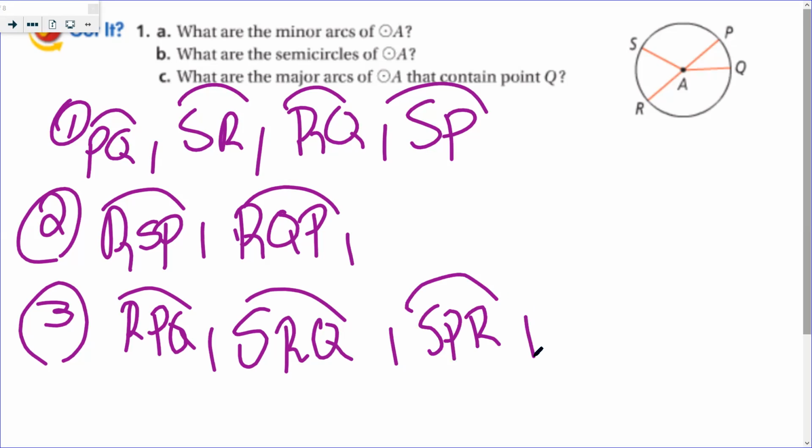We can say PRQ. PRQ. Yes, also. Or RPQ. PRS. The SPQ, is it bigger than the semicircle? No, this is a semicircle.